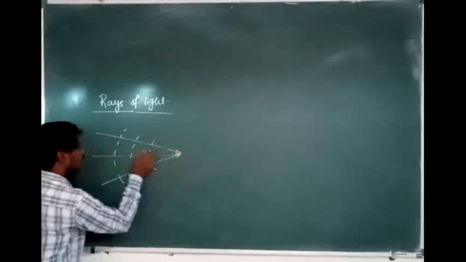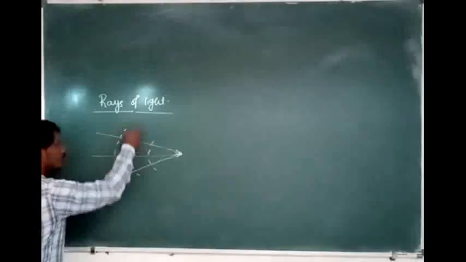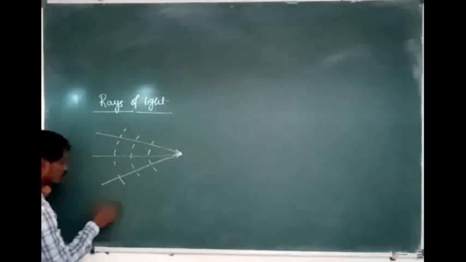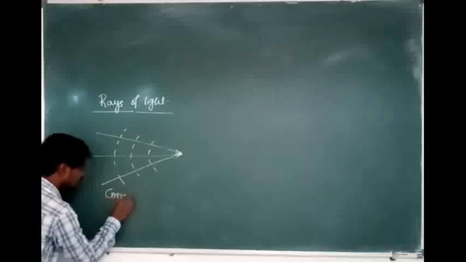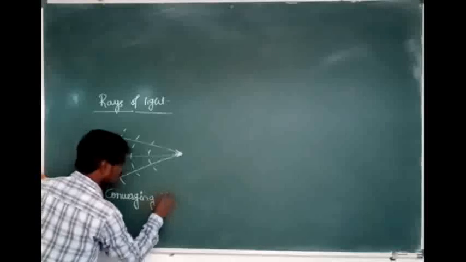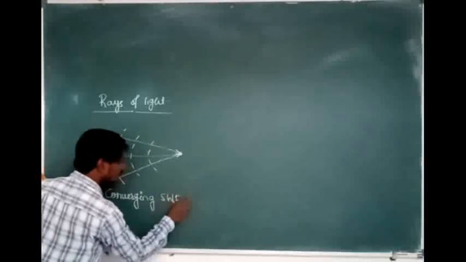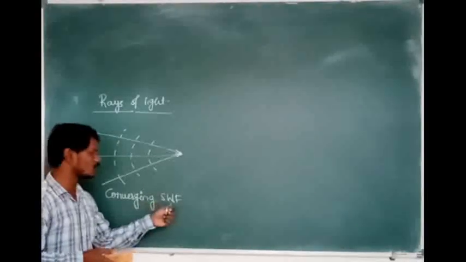All the spherical wavefronts converge at this point. Now these wavefronts are called converging spherical wavefronts, SWF, where SWF is nothing but a spherical wavefront.